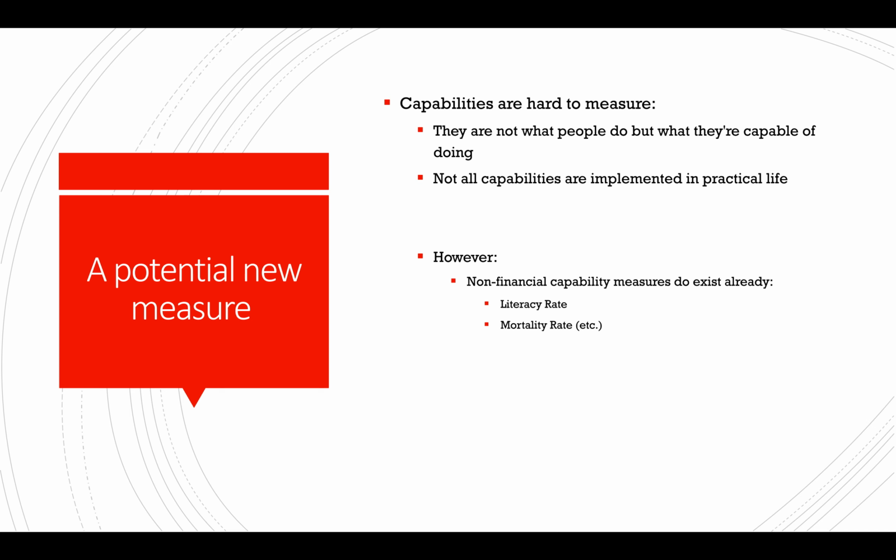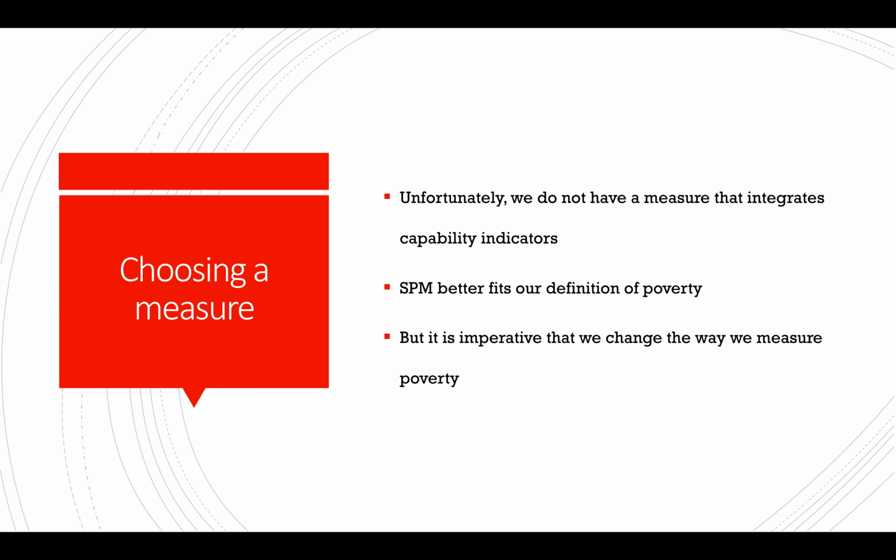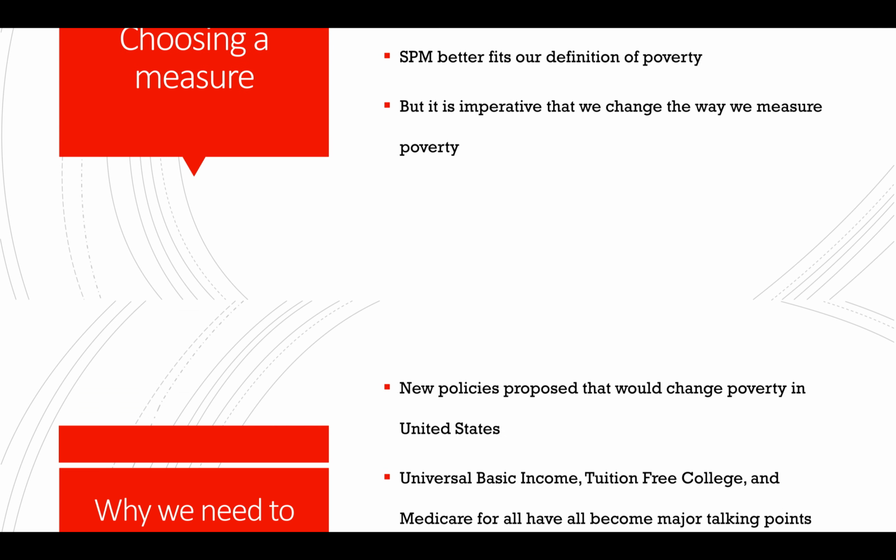Another example is mortality rate, which shows how healthy a group of people are because the health of a person directly affects their ability to earn a good living. These indicators would have to be chosen in accordance to what we define the central capabilities to be. Unfortunately, we do not have a measure that integrates capability indicators. Among the measures we have now, SPM better fits our definition than OPM, but it is imperative that we change the way we measure poverty.